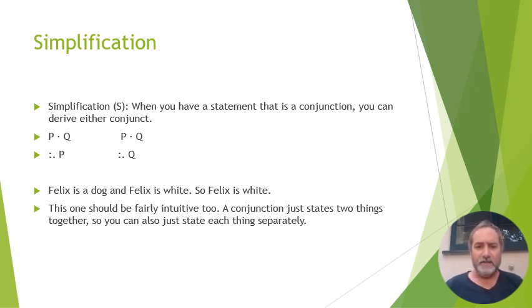So Felix is a dog and Felix is white. I can conclude Felix is white, right? I could also conclude Felix is a dog on its own. Again, all of these rules of inference you've used in your everyday life, right? If you hear an and statement, you can easily just infer that one of the conjuncts is true on its own, because that's just what and means in English.